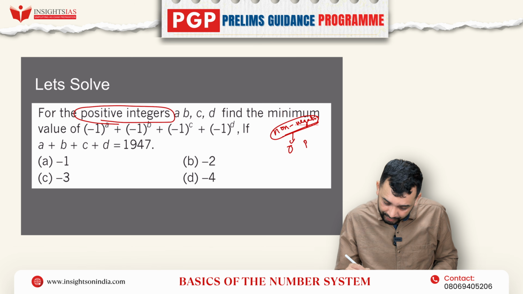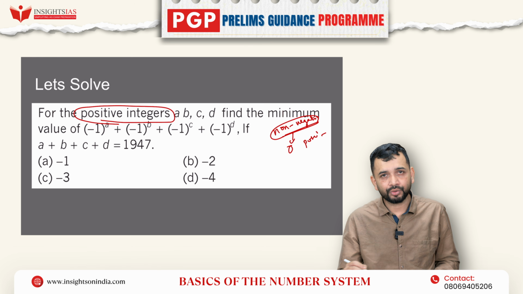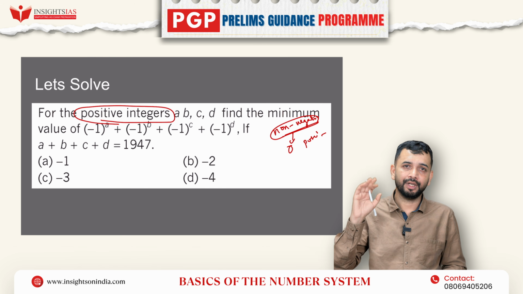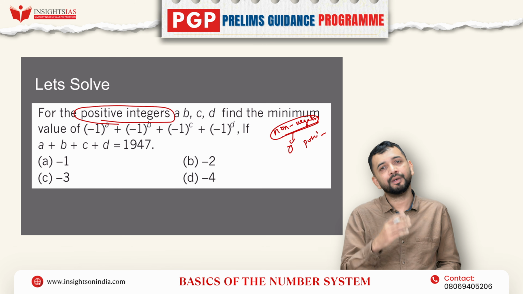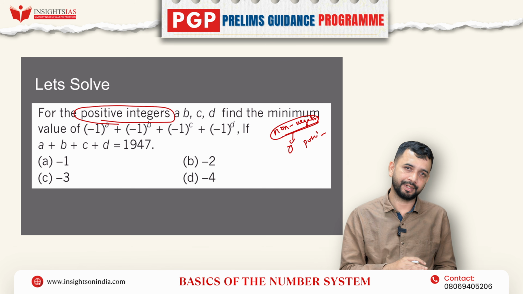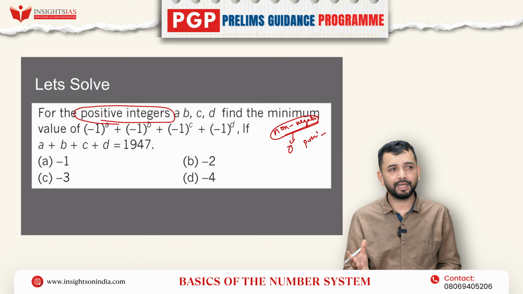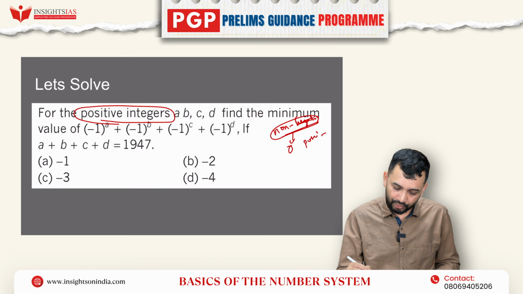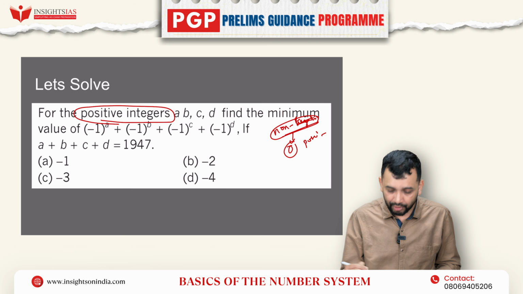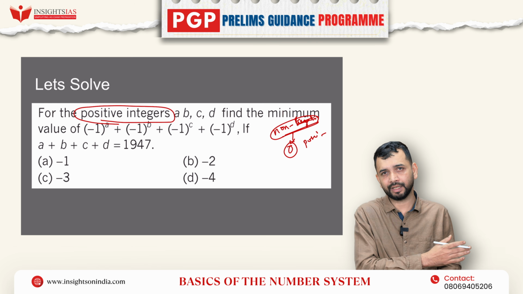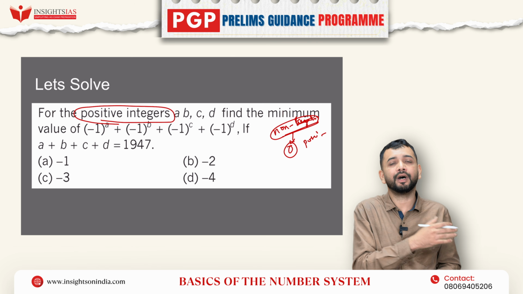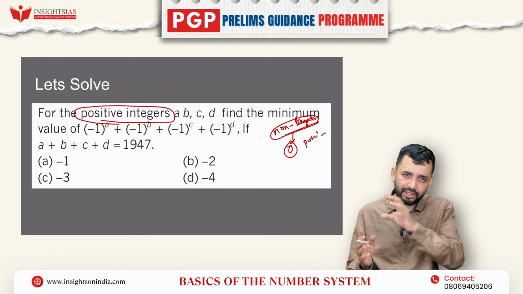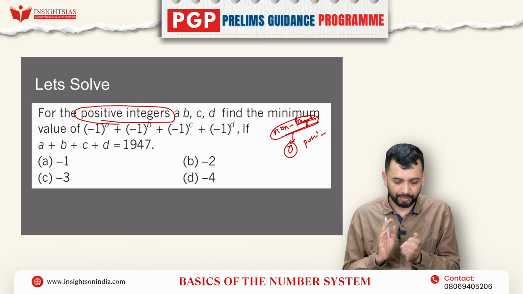If they say positive integer, then 0 should not be taken, only 1, 2, 3, 4. That is, he is talking about natural numbers. Non-negative means whole numbers. Positive integers means basically the natural numbers. Similarly, if it says non-positive, that means it is not positive, so 0 should also be taken and the negative numbers should be taken. If it says negative integers, then you are supposed to take -1, -2, -3. You should not consider 0. That you have to keep in your mind.